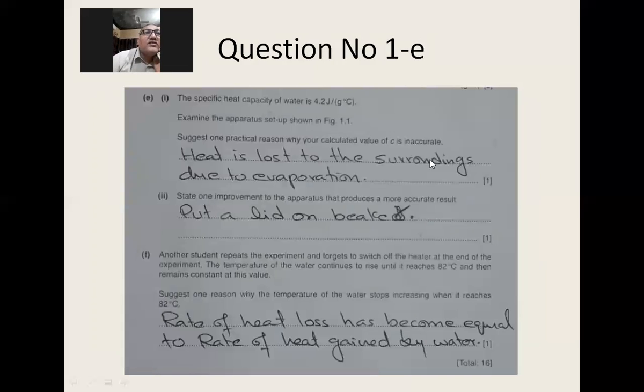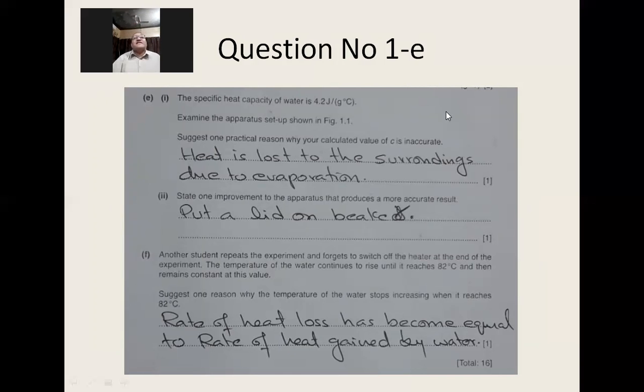Okay. Now the E part, he says the specific heat capacity of water is 4.2 joules per gram per degree centigrade. Examine the apparatus setup shown in figure 1.1. Suggest one practical reason why your calculated value of c is inaccurate. Our value is 6.96, but they say that the specific heat capacity of water is only 4.2 joules per gram per degree centigrade.